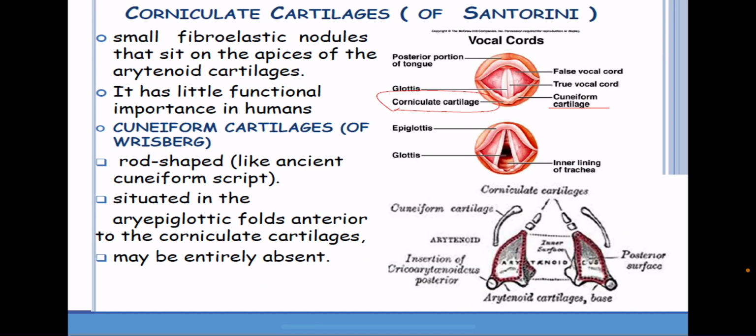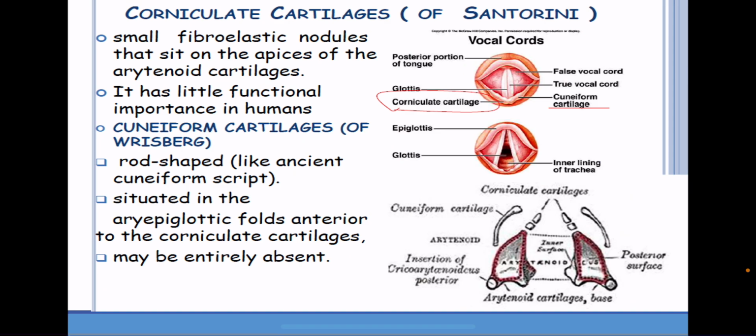And here we have the corniculate cartilage. It is small fibroelastic nodules that sit on the apices of the arytenoid cartilage. It has little functional importance in humans.